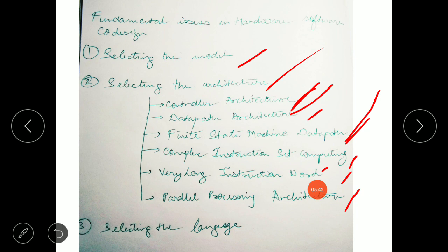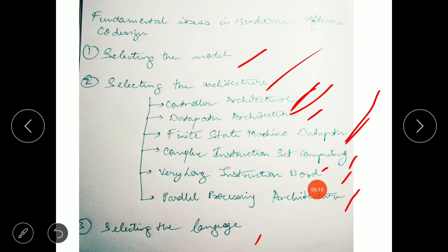Single instruction multiple data and multiple instruction multiple data architectures are examples of this parallel processing architecture. In single instruction multiple data, a single instruction is executed in parallel with the help of processing elements, whereas the processing elements of multiple instruction multiple data architecture execute different instructions at a given point of time.